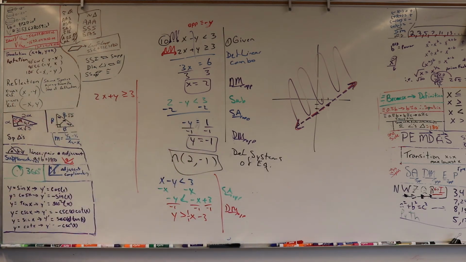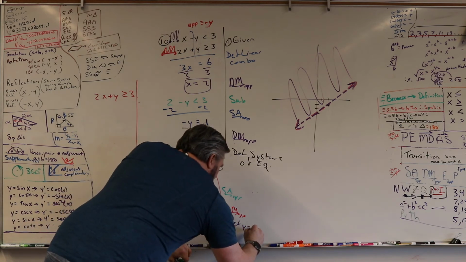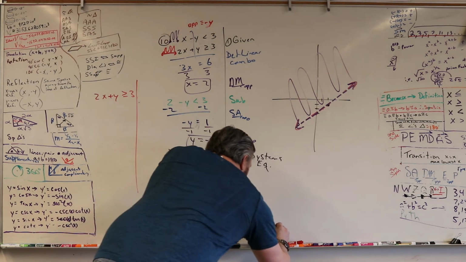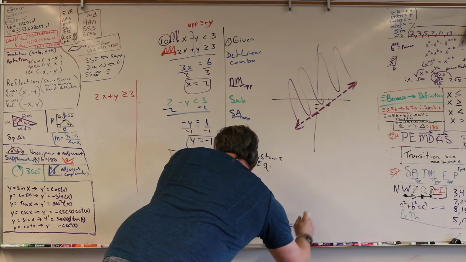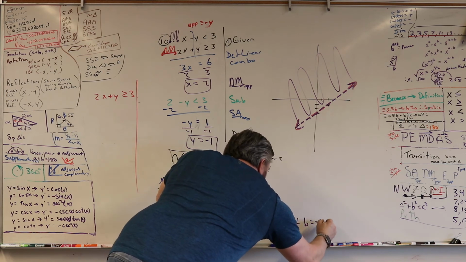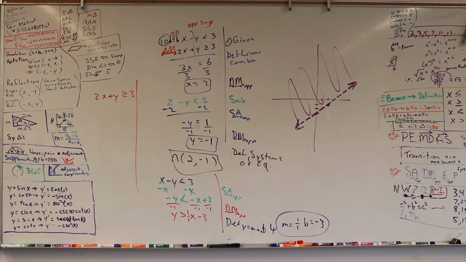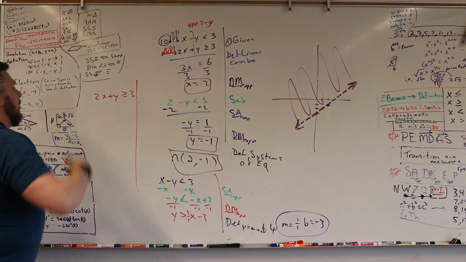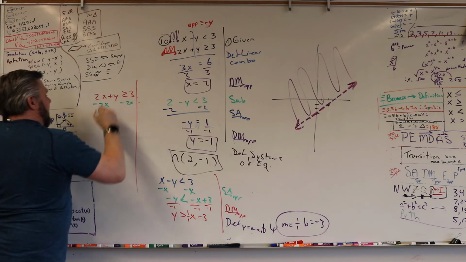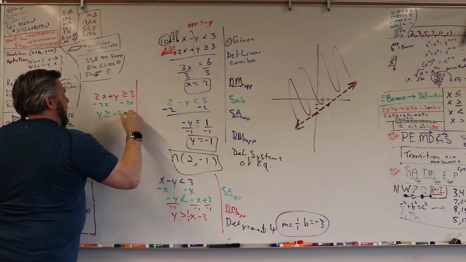And then we had definition of y equals mx plus b, where m was equal to 1 over 1 and b was equal to negative 3. And then we graphed it in purple. Here we move the x over, minus 2x, minus 2x. I get y is greater than or equal to negative 2x plus 3.